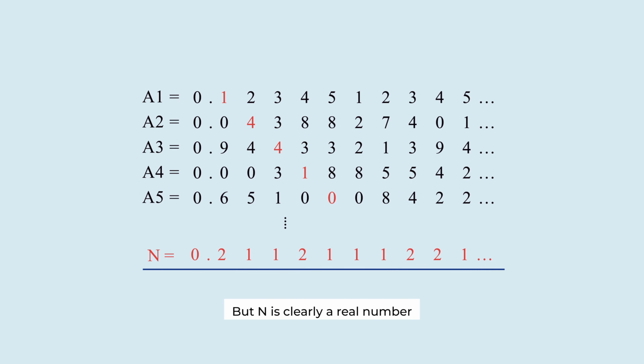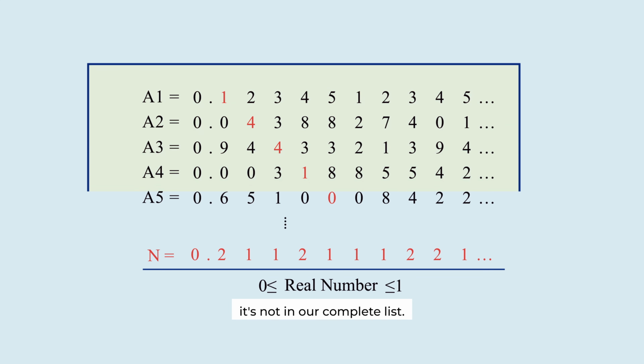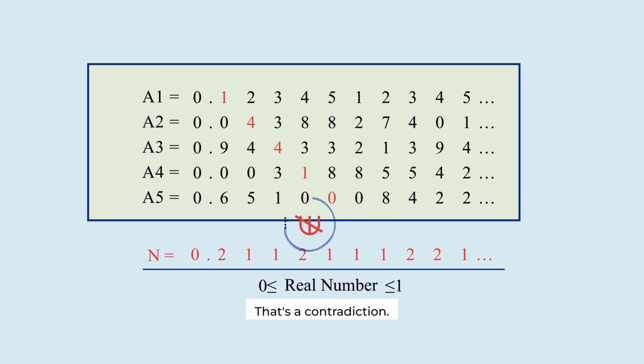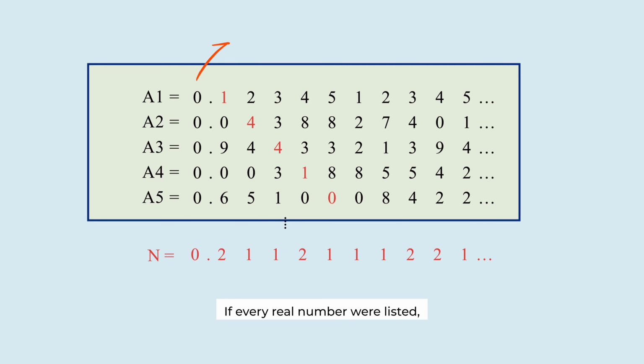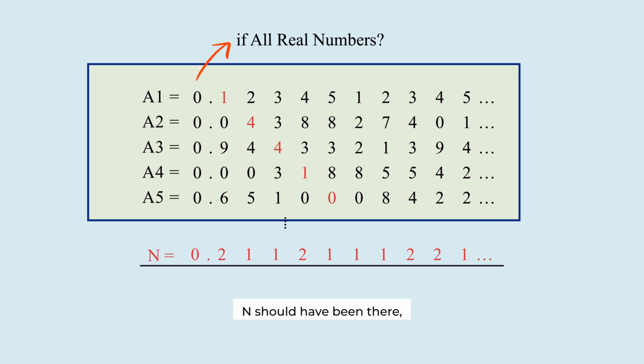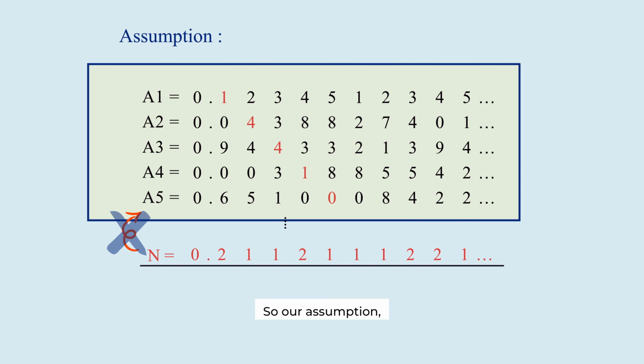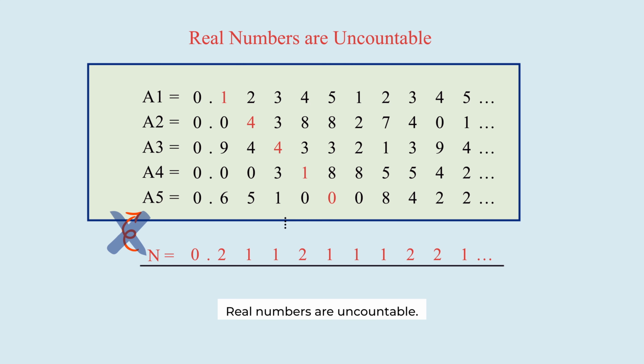But n is clearly a real number between 0 and 1. And yet, it's not in our complete list. That's a contradiction. If every real number were listed, n should have been there, but it isn't. So our assumption, real numbers are countable, must be wrong. Real numbers are uncountable.